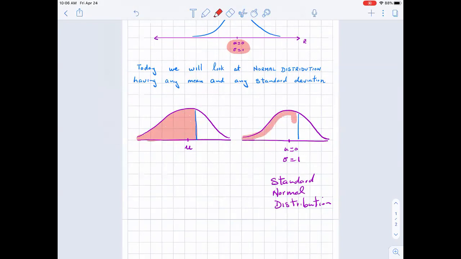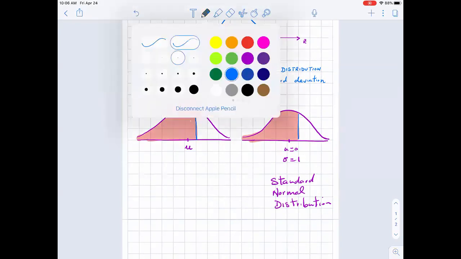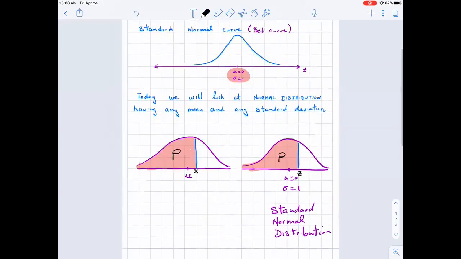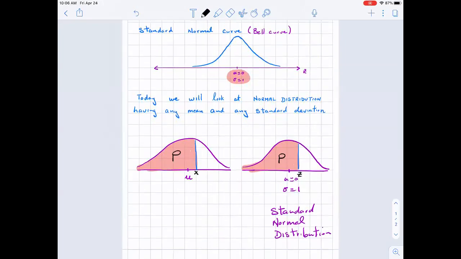In either one of these graphs, this shaded region here represents some probability P. Where this is some X value, usually this is a Z value. And that's something to note, that under the normal curve, this axis here is the Z axis.